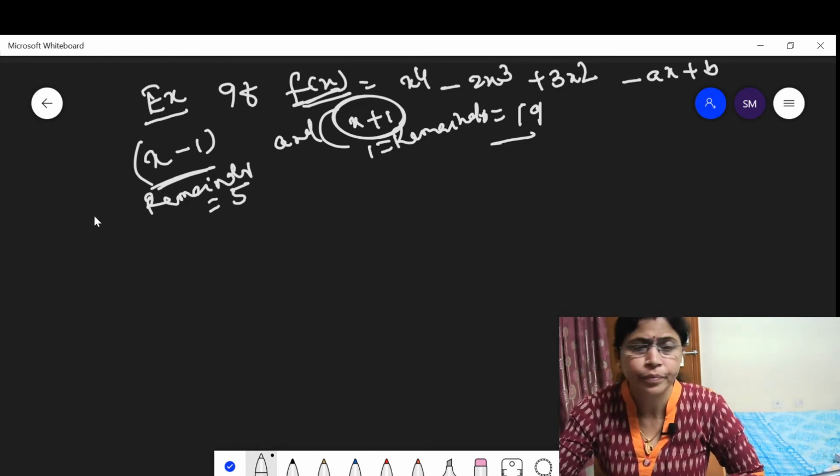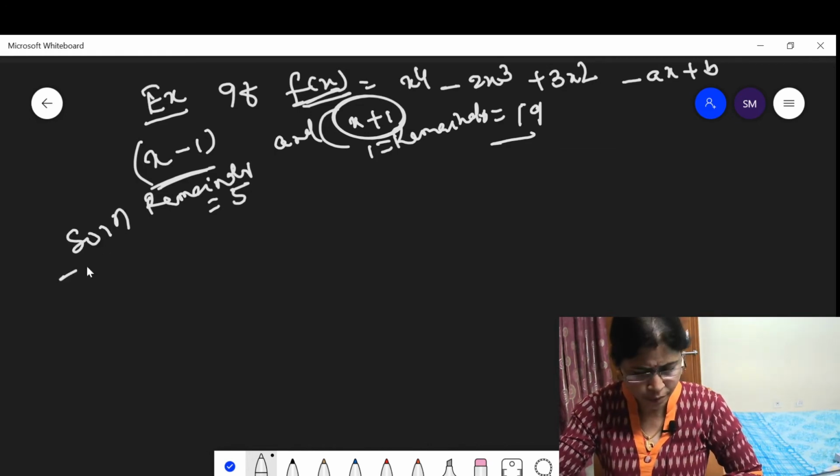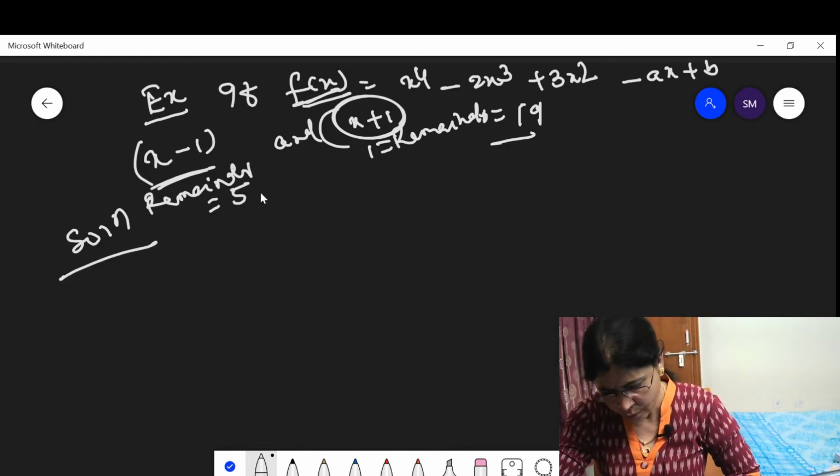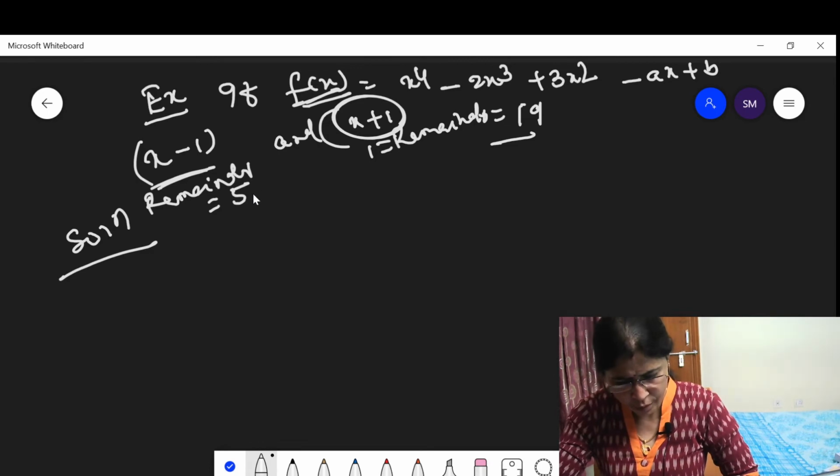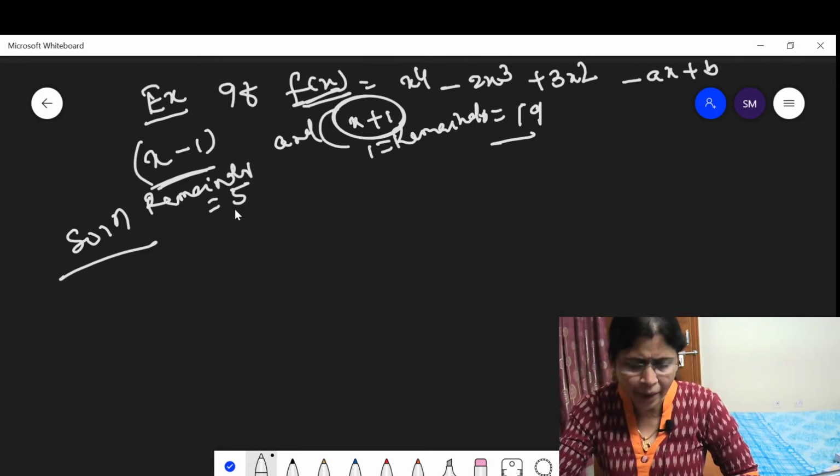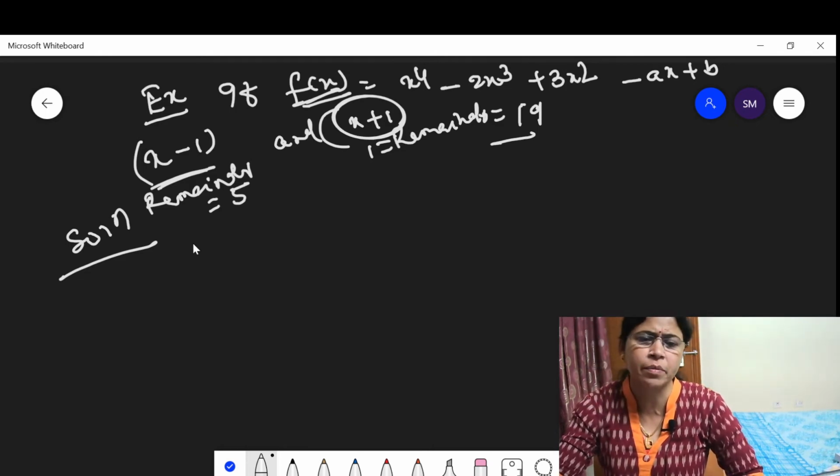Here is the solution. Find the value of a and b and determine the remainder when f(x) is divided by x minus 2.